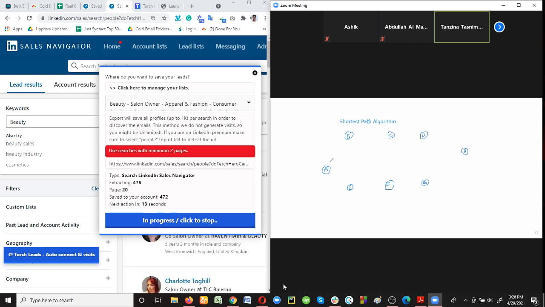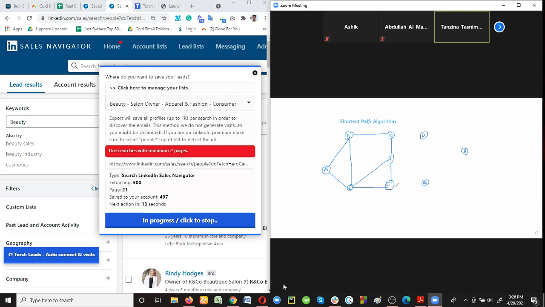Now we can add some lines here between A and B, A and E, BE, and another edge is BC. Then here we can take one more vertex, that is I. So CI, then FI, EI, F, CG.